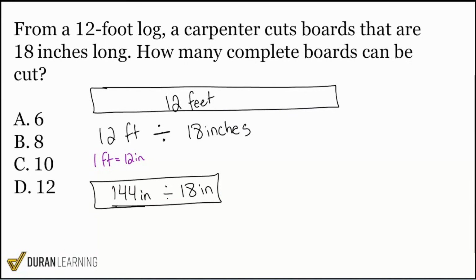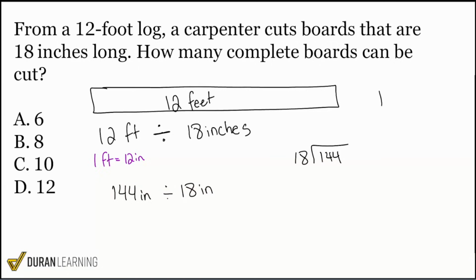144 divided by 18. We can show that as long division over here, but it's really no point because 18 doesn't go into 1, doesn't go into 14. And so we have to take a guess here to get to 144. And so this is where I'll reveal the correct answer. It's going to be 8, because after some guessing and checking, we could get 18 times 8. 8 times 8 is 64.